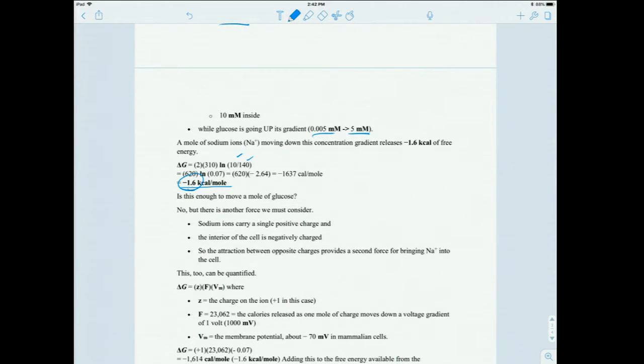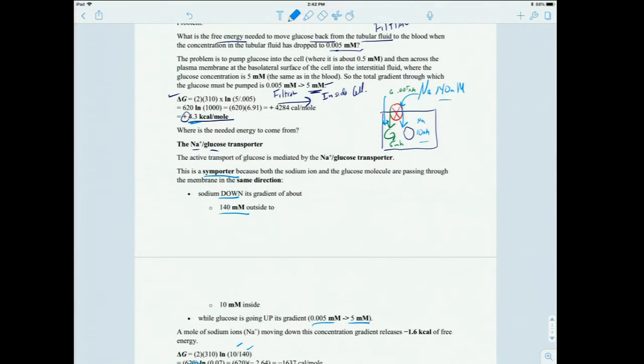Well, we have another factor. And again, I'm going to elaborate much more on this later when we do electrophysiology. But you may recall that sodium is also a charged particle. It has a valence of plus.